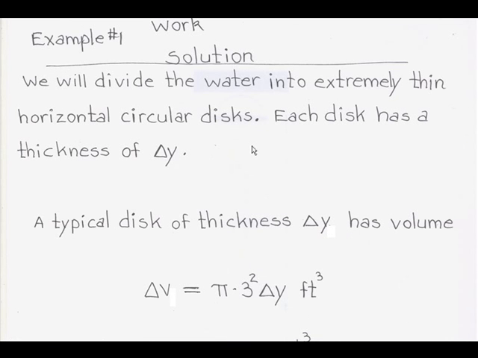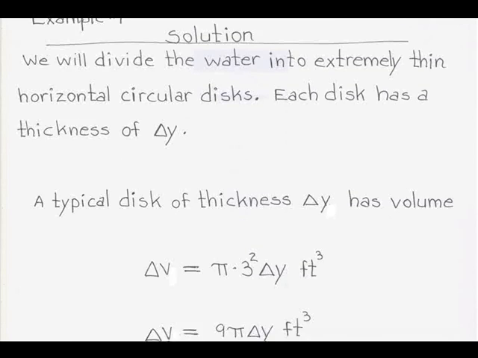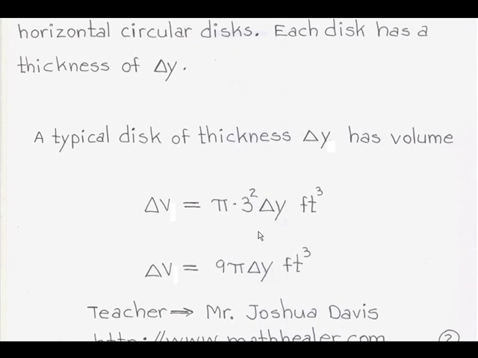Now let's take a look at the solution. As you can see from the diagram, we will divide the water into extremely thin horizontal circular discs. Each disc has a thickness of delta y. A typical disc of thickness delta y has the following volume: pi times the radius squared, which is 3, times the thickness.